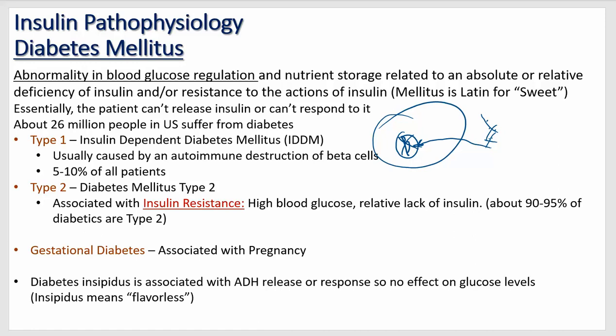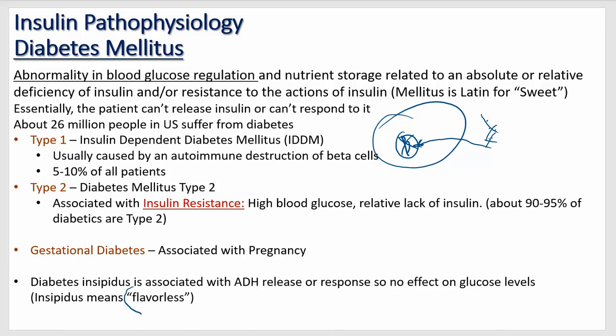All right, and then there's gestational diabetes associated with pregnancy, also associated with blood glucose, and a lot of pregnant women that have gestational diabetes may go on. They have an increased risk of developing type 2 later on. Okay, and then we already talked a little bit about diabetes insipidus. Diabetes insipidus means flavorless.